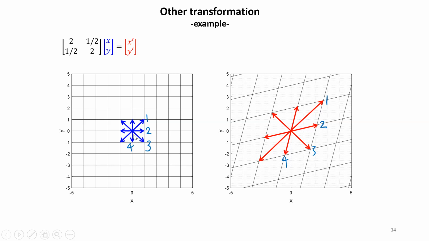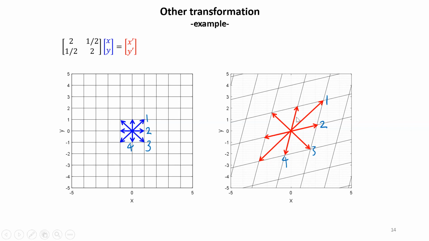But now if you look at number 4, which is originally pointing down, after the transformation it is still pointing down, but a little bit to the left. Then that will be some kind of a rotation in the clockwise direction. So in these two cases, you can see that the direction changes in a different way.